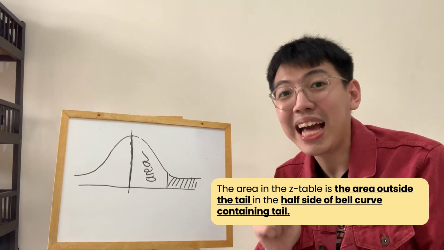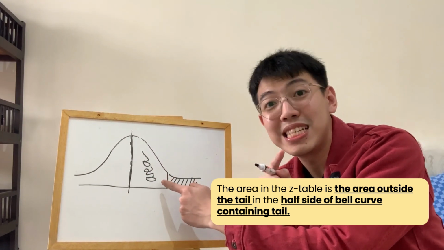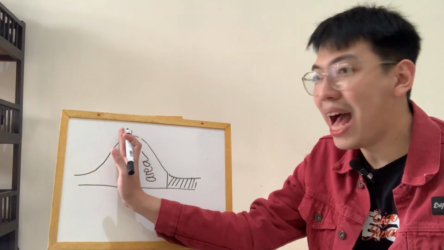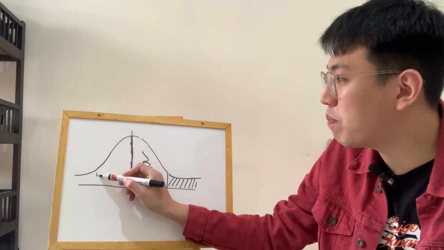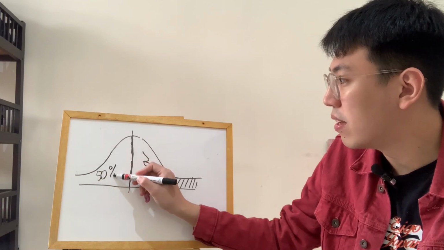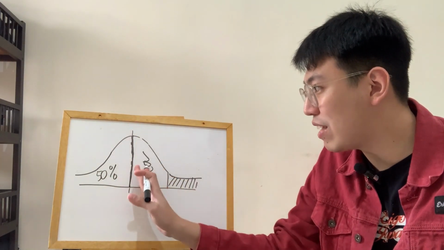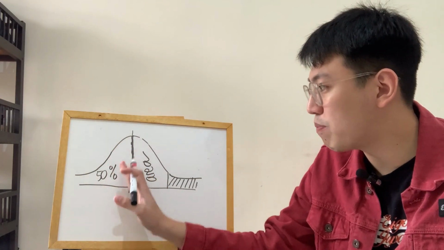So the area inside the table is this area. Up to this point, is it clear? This area will be 50%, because the bell curve is 100% and then it is divided by 2.